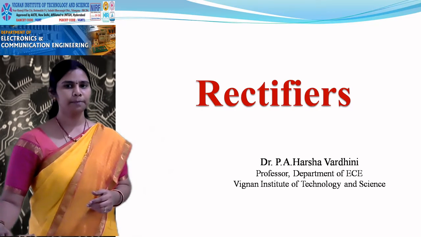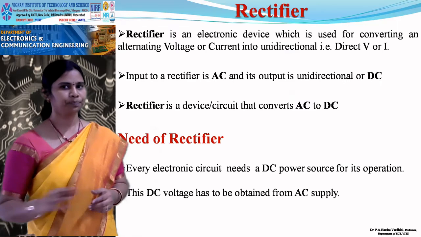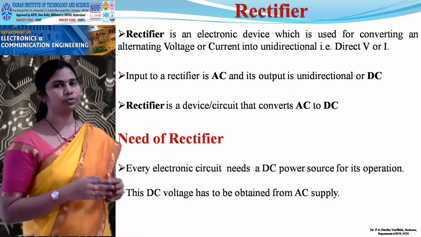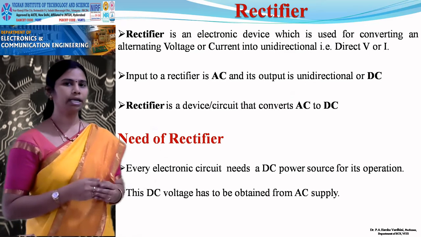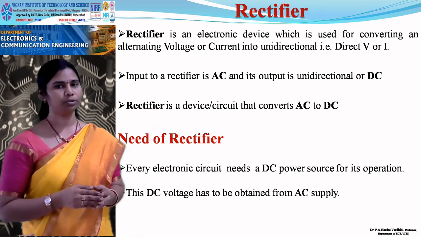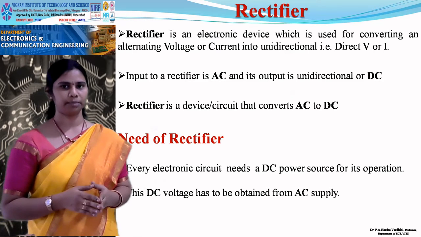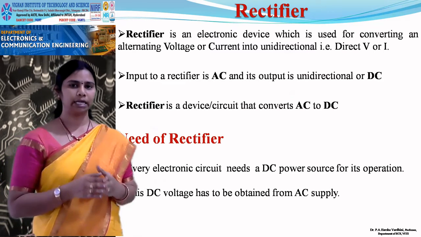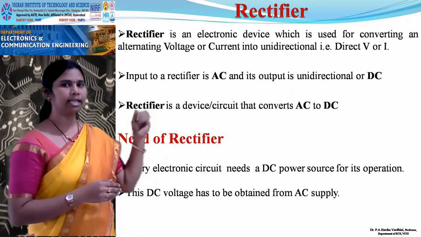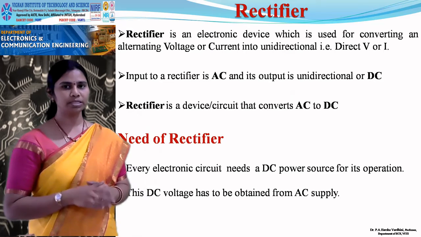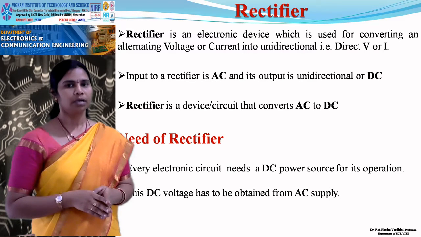So the definition is: a rectifier is an electronic device which is used for converting alternating voltage or current into unidirectional, that is direct, voltage or current. So definitely the rectifier input is an AC signal and the output is a DC signal. A DC value is a unidirectional value.